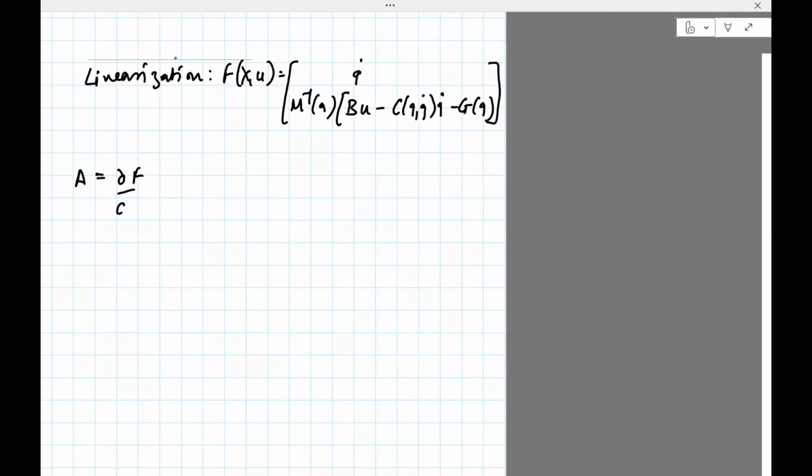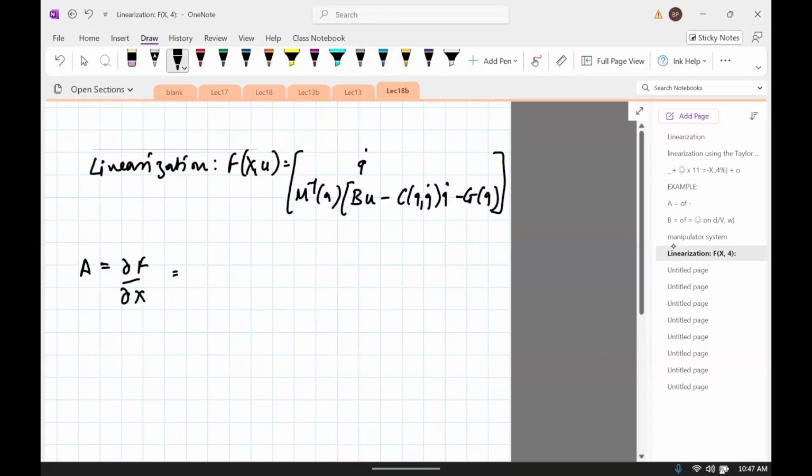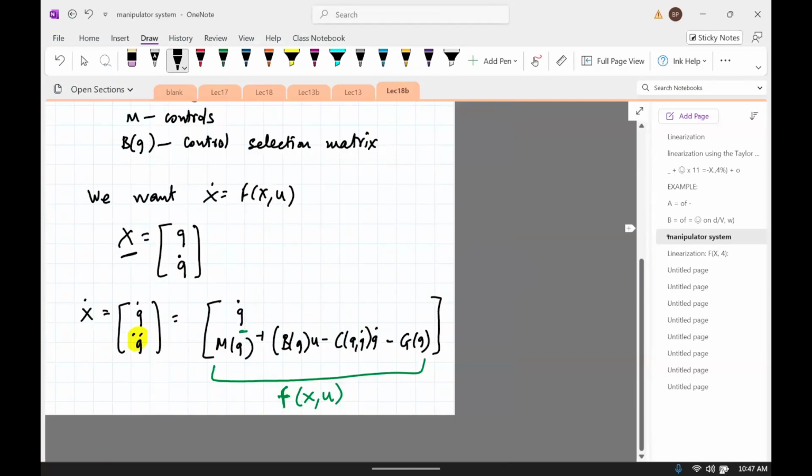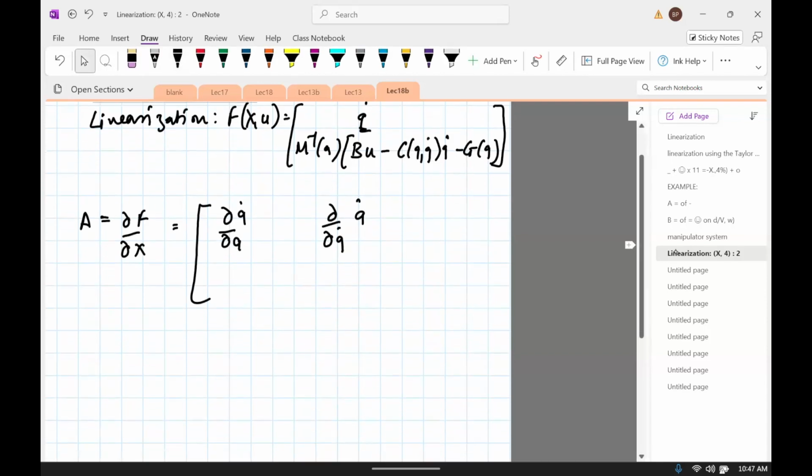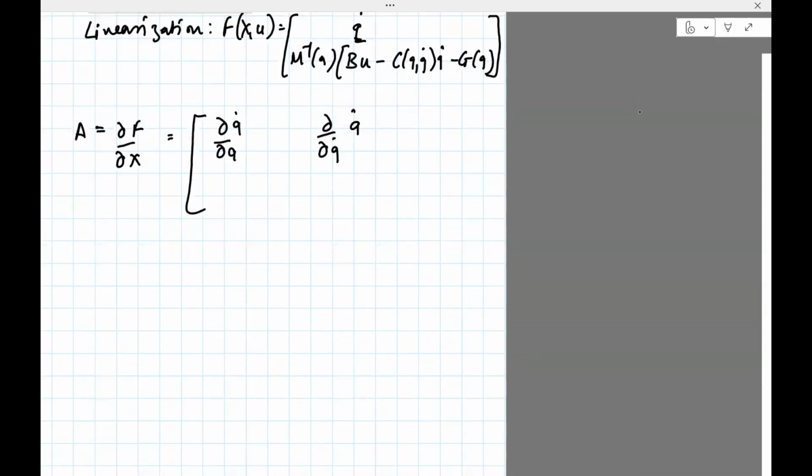Okay, but the state is q and q dot, right? If we go back here, the state is x, q dot. So what we'll do is write the same way, d/dq. We take q dot and then try to write in terms of derivative of everything in x. And then we have d/dq of this whole thing.